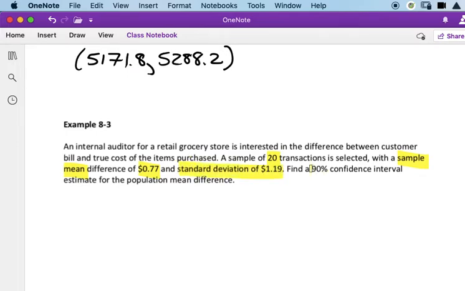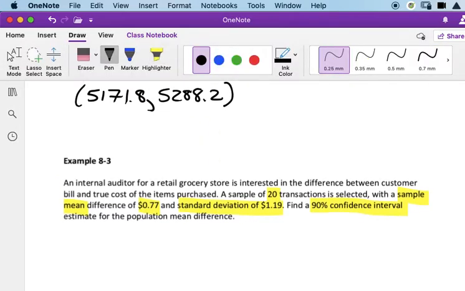We want to find, again, a 90% confidence interval. Now for this one, I don't see the word sample or population in front of the word standard deviation. However, when it's phrased this way, sample mean and standard deviation, we can infer that this is referring to the standard deviation of the sample. And so we're going to use T for this problem.